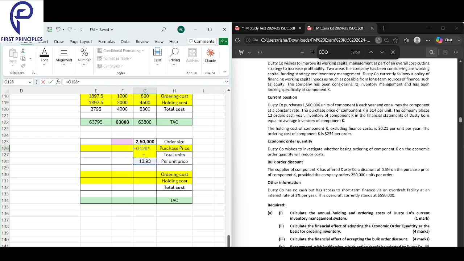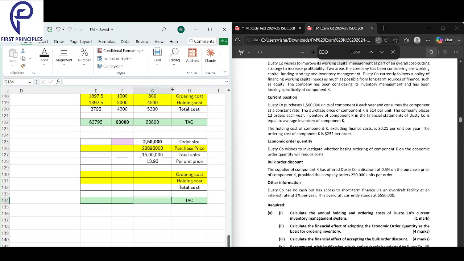Multiply the two and we get our answer. Easy. So this is the purchase price.